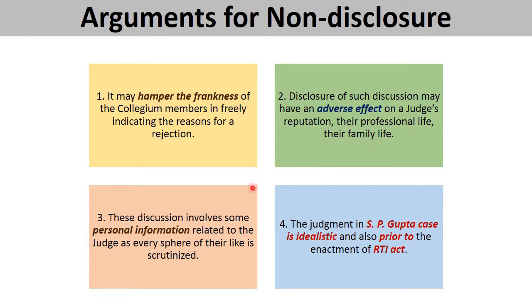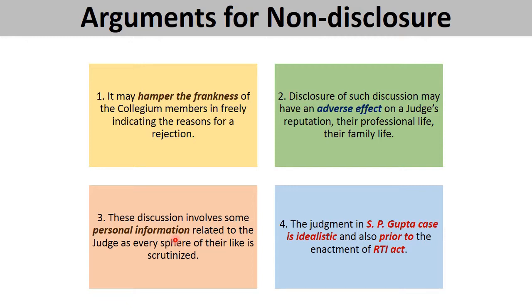Now further, the discussion also involves some personal information, because every sphere of their life is scrutinized. So information which is personal, which shouldn't be out in the public domain, might also come out because of RTI, and this would again lead to adversely affecting the reputation and personal life of the judge.